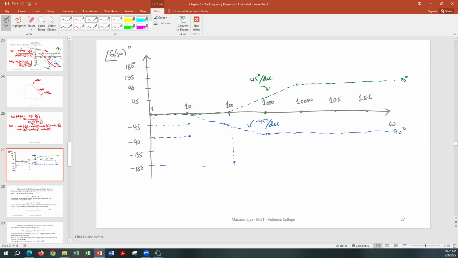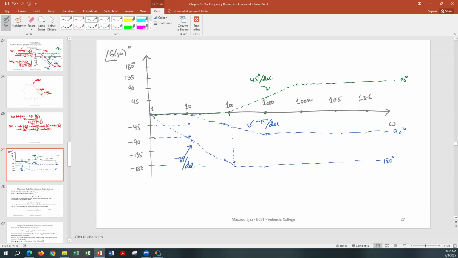I should put a dotted line actually. That's negative 180 degrees, and the slope is negative 90 degrees per decade.